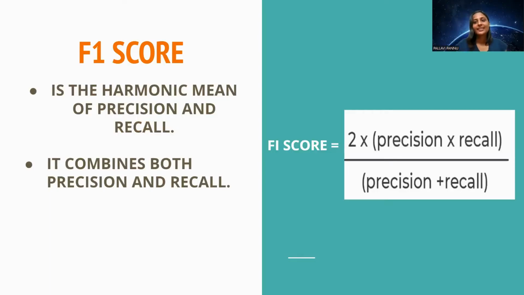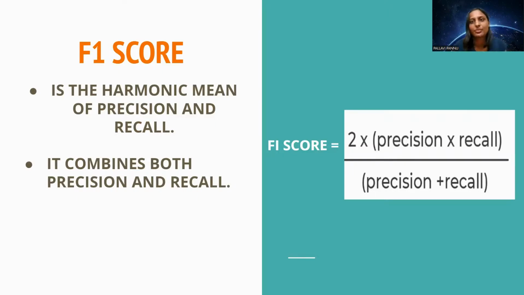Next, and the final slide for today, is the F1 score. So we have precision, we have recall, and they said, let's combine both. That is what the F1 score is doing. It is basically the harmonic mean of precision and recall.